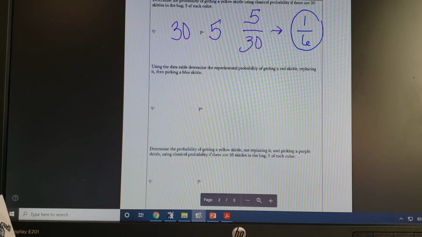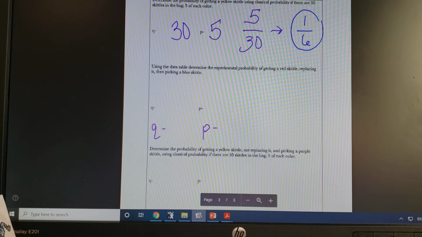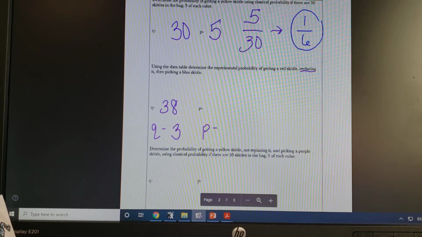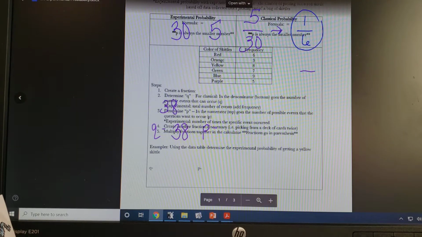Alright, now going back to the data table from the previous page. Experimental probability of grabbing a red Skittle, then replacing it and picking a blue Skittle. Alright, so I have 2 situations here, which means I need 2 P and Qs. And I replaced it, so there are always going to be 38 Skittles. I picked it 38 times. And then, let's see here, I want red. Red is 6.